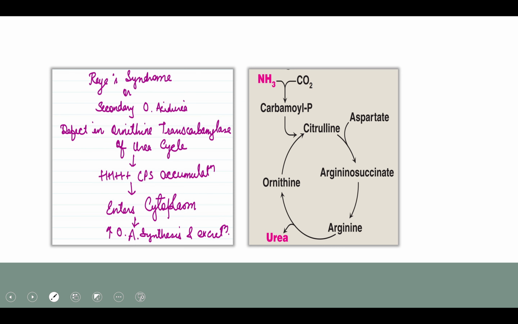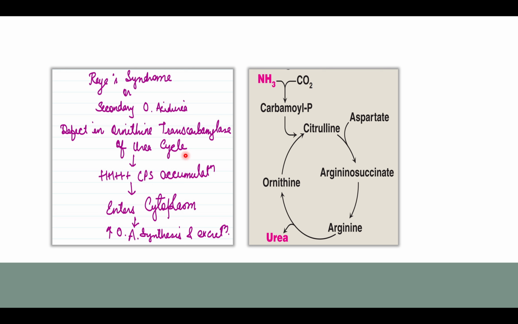The other syndrome, because of which there is increase in the orotic acid, is Reye syndrome, and it is also called secondary orotic aciduria. It happens because of the defect in the ornithine transcarbamylase of the urea cycle.